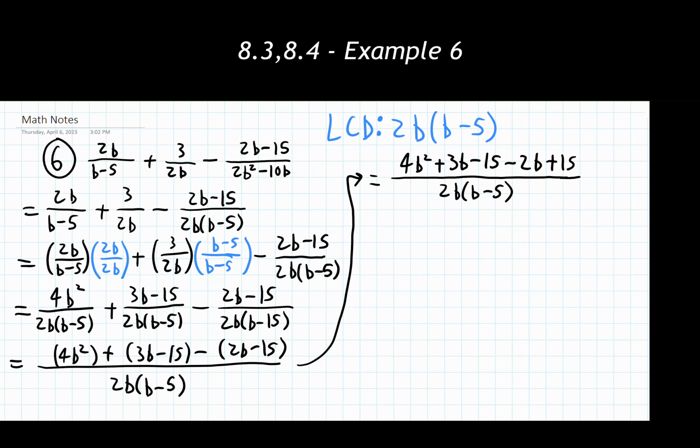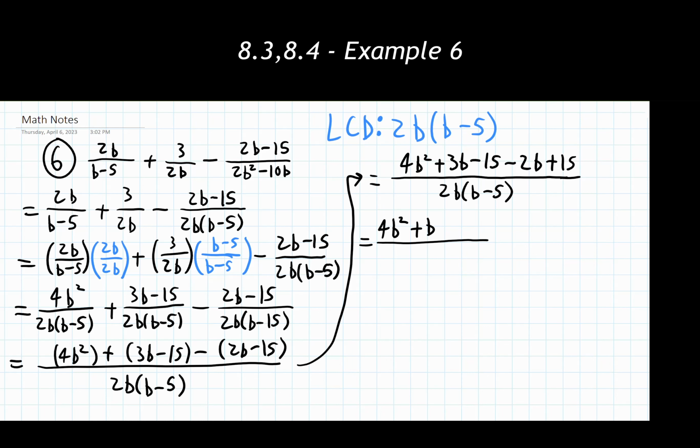So everything is distributed out, and now I'm going to combine like terms together where I possibly can in the numerator only. So I have a 4b squared. I don't have any other b squared showing up, so I can't do anything with that. I have 3b minus 2b. That's going to give me plus b there.